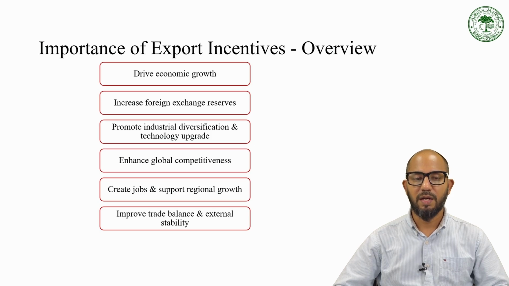The fourth is to enhance global competitiveness. Export incentives provide a level playing field to exporters by giving them assistance and other solutions so that they can compete in the global markets with the global competitors.